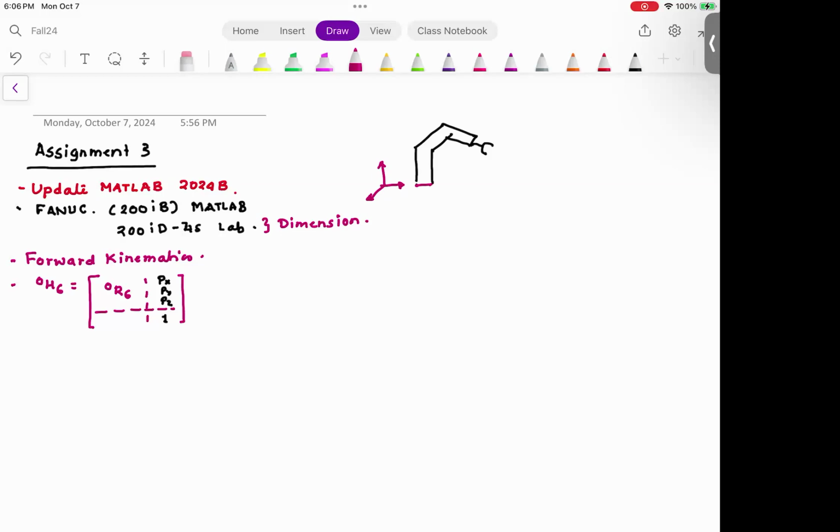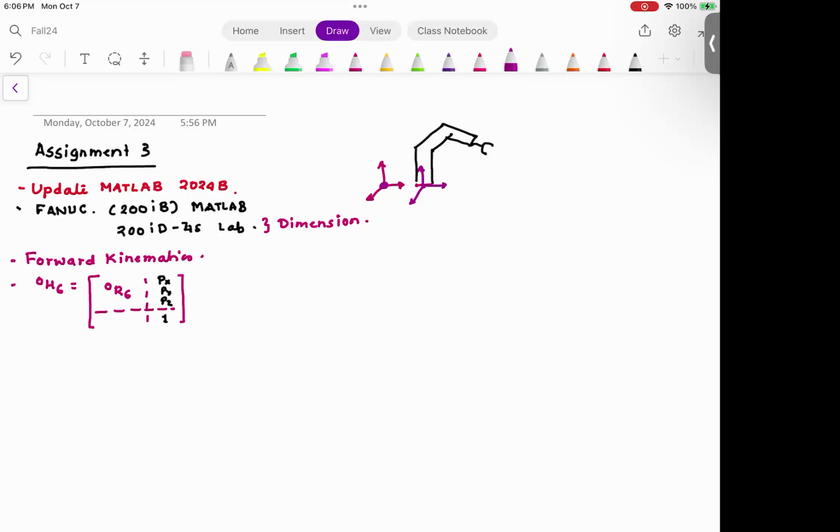So now there is always a possibility that you might have assumed your coordinate frame over here, but the Fanuc robot software would have assumed the coordinate system over here. That is absolutely possible. The teach pendant allows you to align the coordinate system to wherever you want. So basically the base coordinate system can be assigned or moved anywhere you want.